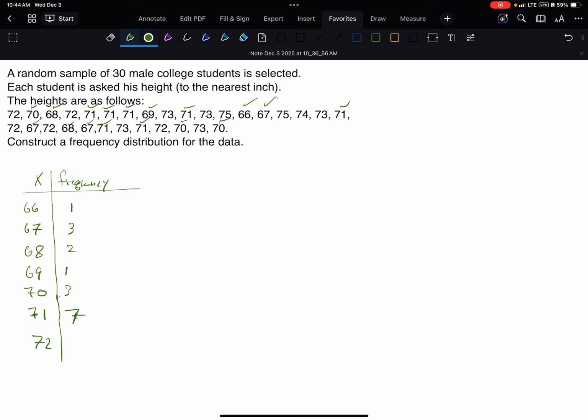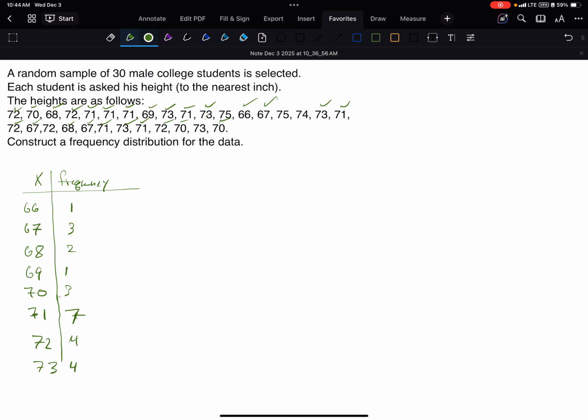So 72. 1, 2, 3, 4. 73, we're coming down the home stretch. We got 1, 2, 3, 4.